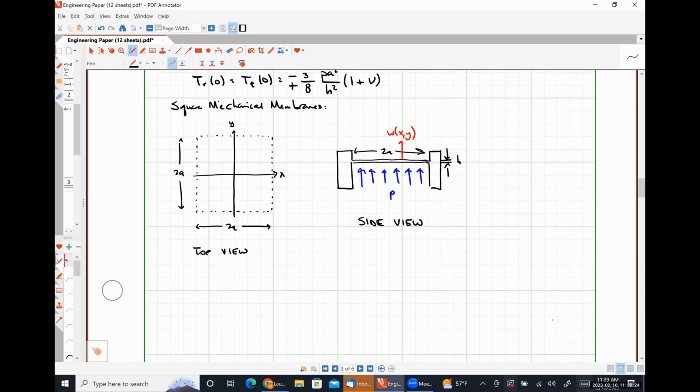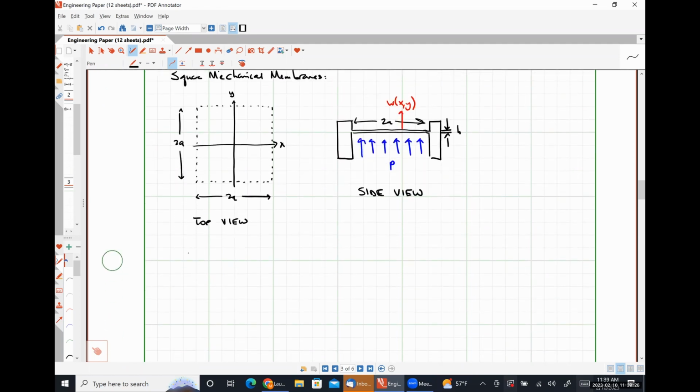All right, so going to follow a similar treatment. Membrane deflection, sorry, getting ahead of myself.